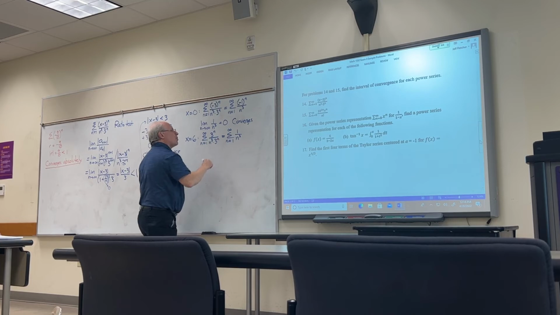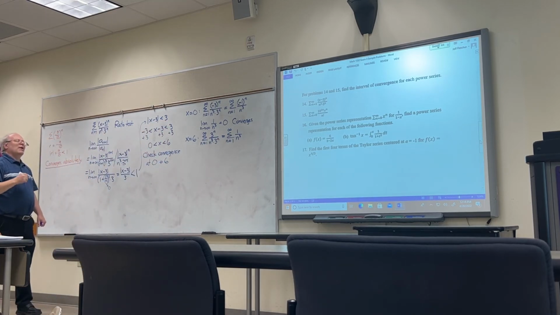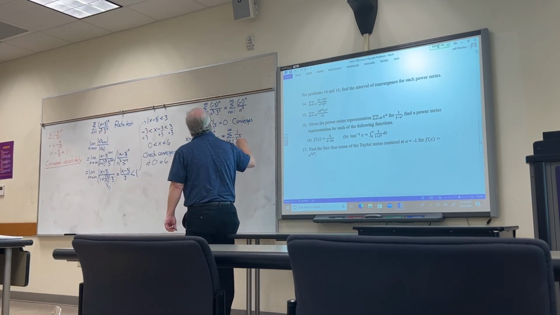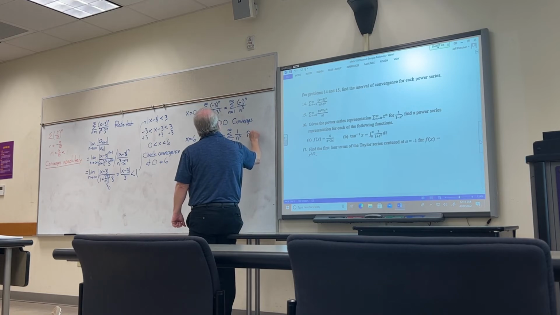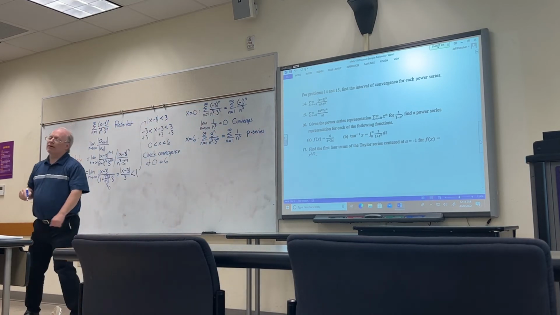So the series is the sum of 1 over n cubed. What type of series is that? It's not geometric. It's a p series. Remember, if it's 1 over n to a power, then it's a p series. So how do we tell if that converges?